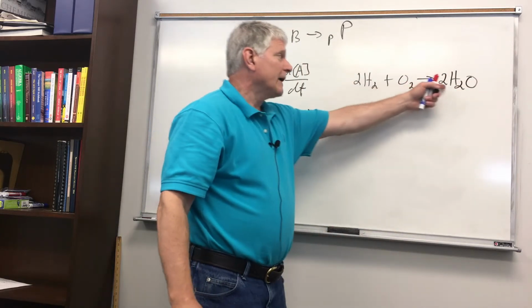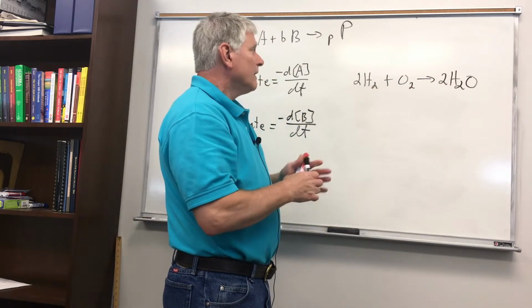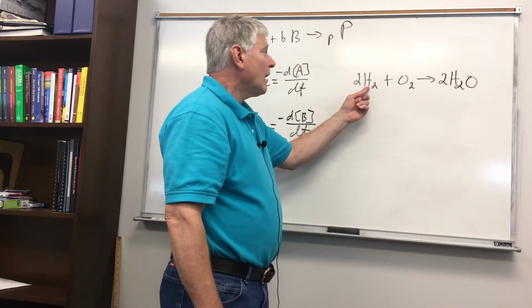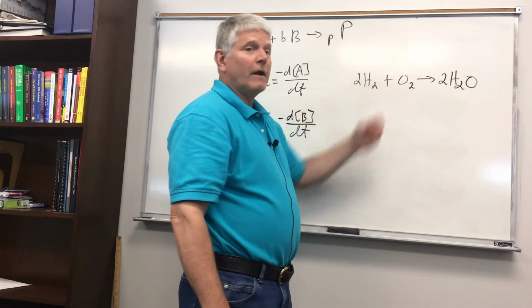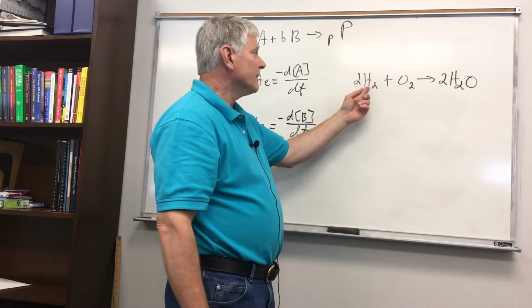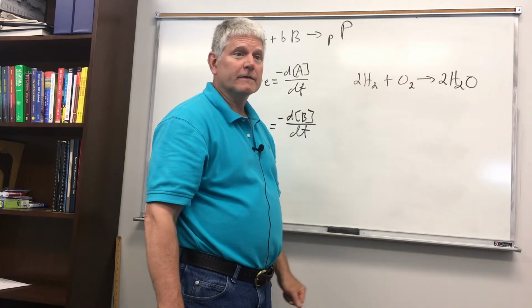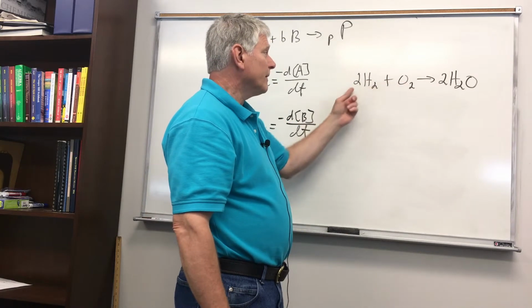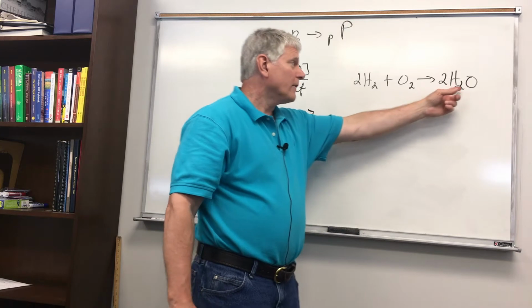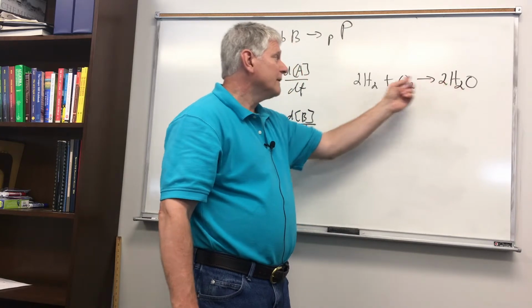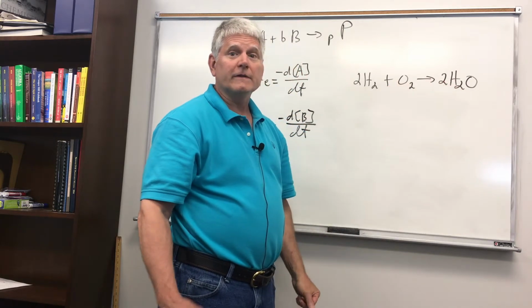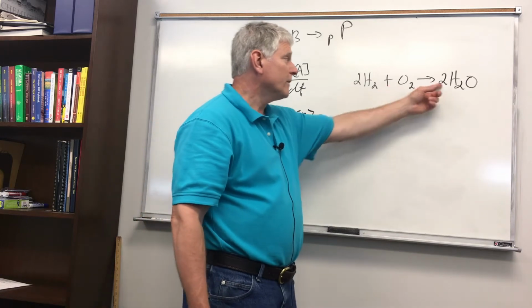Hydrogen and oxygen reacting to give water. 2 hydrogens react for every 1 oxygen. So hydrogen is disappearing twice as fast as oxygen is because of these stoichiometric coefficients. And water is being produced twice as fast as oxygen is disappearing because of the 1:2 ratio.